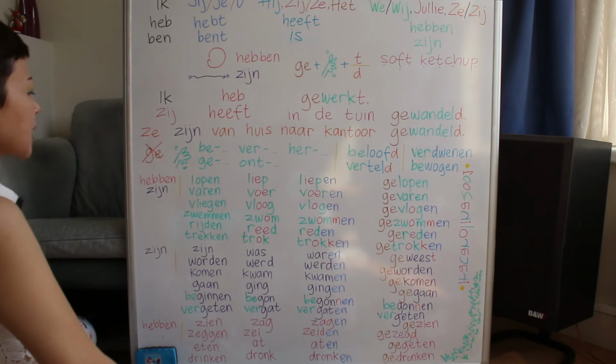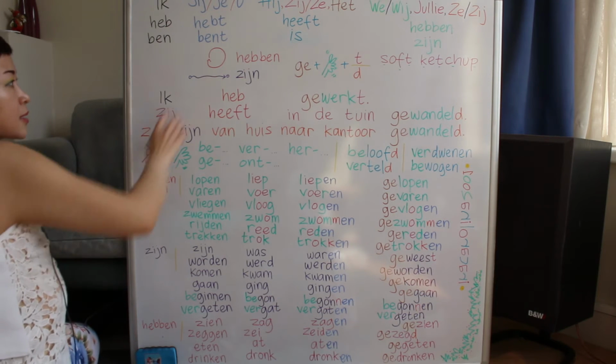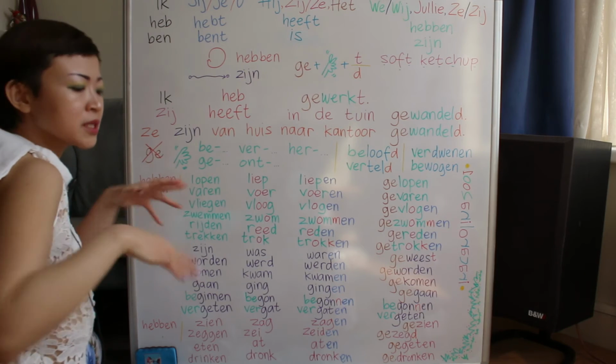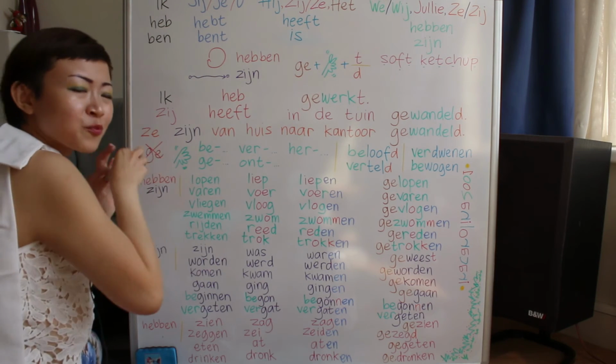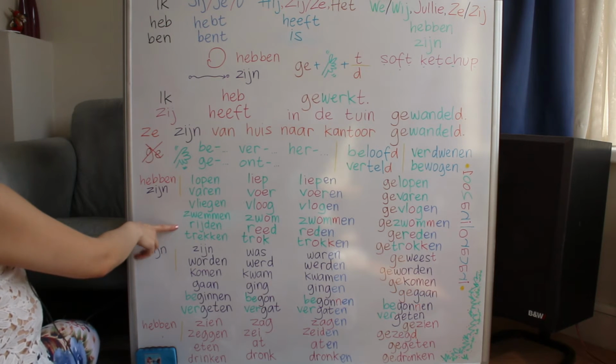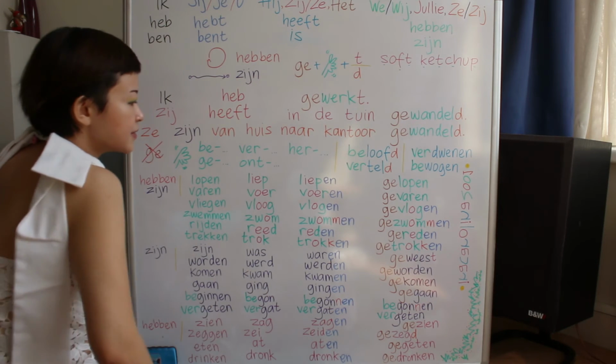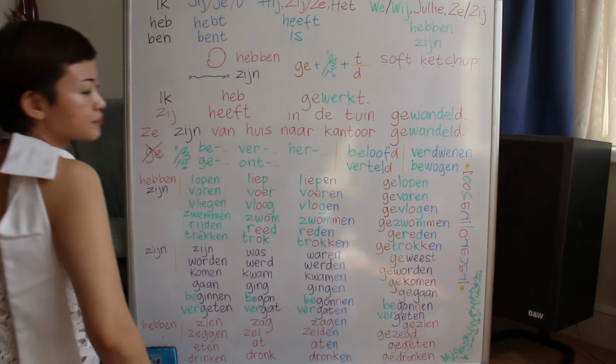F is here, but we use the D because the basic word is from beloven, beloof with V, and V is not in soft ketchup. V, beloof, from beloven, but we don't use the AN or the EN.